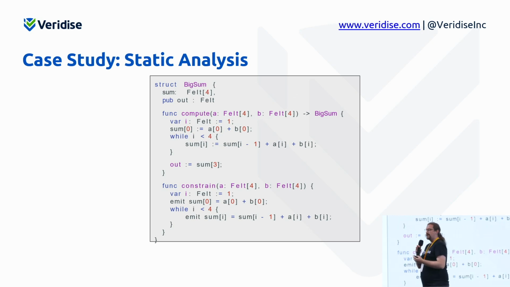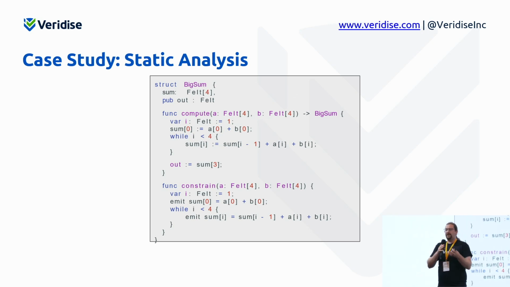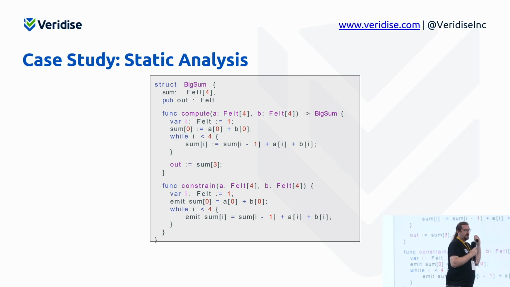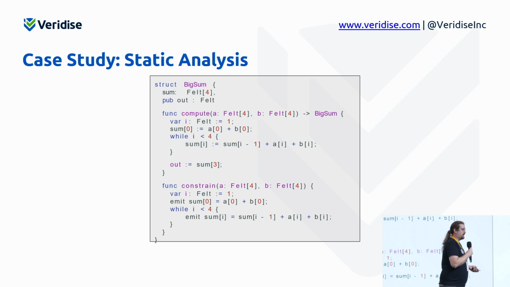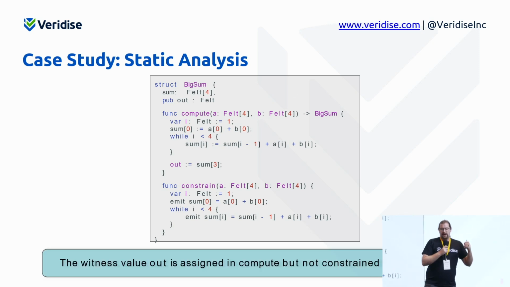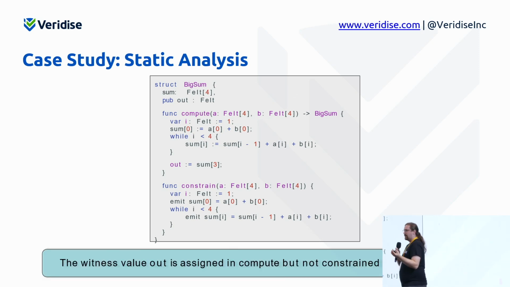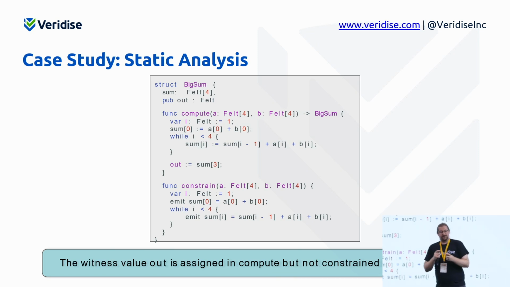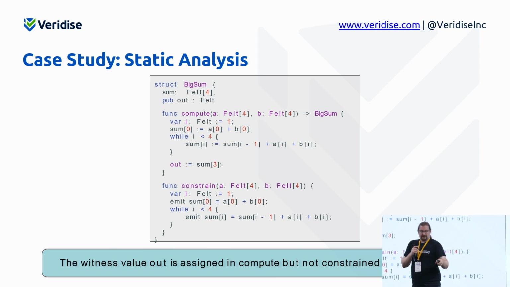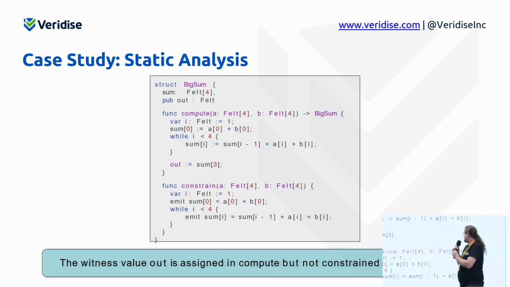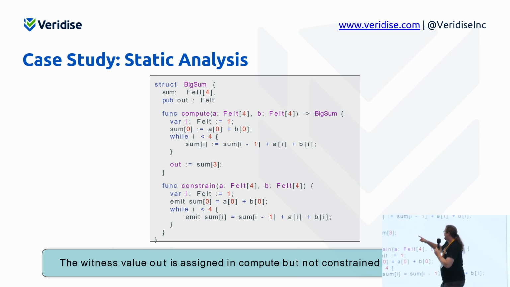What I mean by static analysis is we're statically looking at the source code to try to identify bugs. Here you can see, again, an LLZK circuit, and we can find a bug very easily. If you look at the circuit, you can see that in the compute function there is an assignment to out right here.